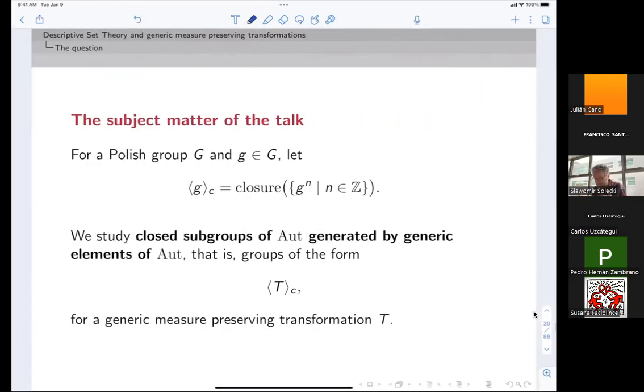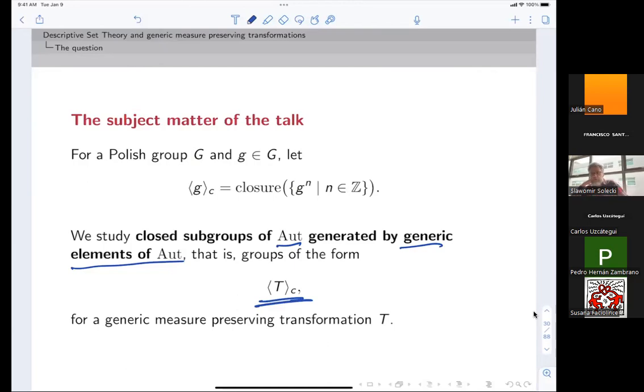And then the main point will be, I will look at the group Aut, and I will be interested in generic elements of Aut. So I will be looking at comeager sets of elements of Aut. I'll be taking an element of such a comeager set, generating a closed group using that element, and asking what kind of properties these closed groups have.